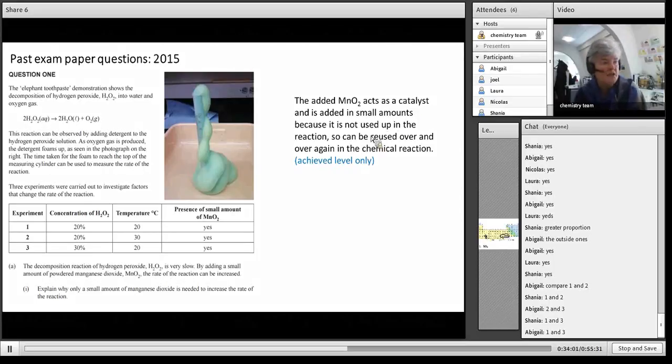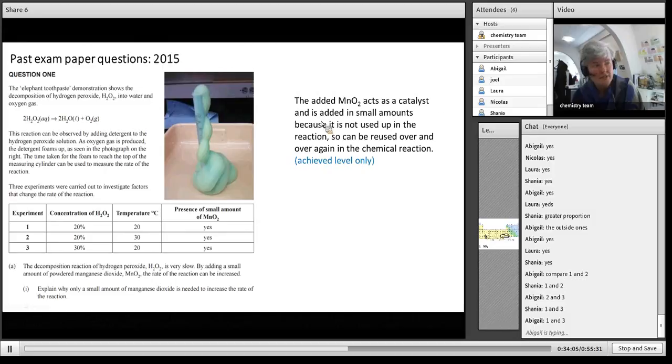Okay, so do you notice that they give the definition because it is not used up in the reaction? So make sure you put that definition in there. And therefore the result of that, it can be reused again and again.